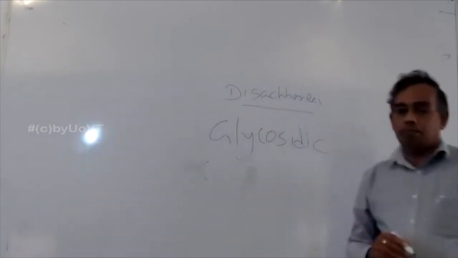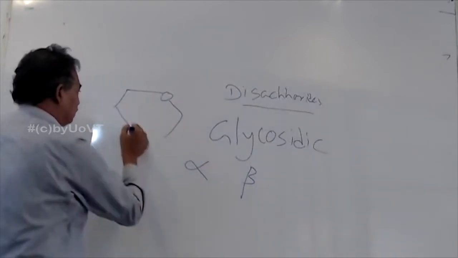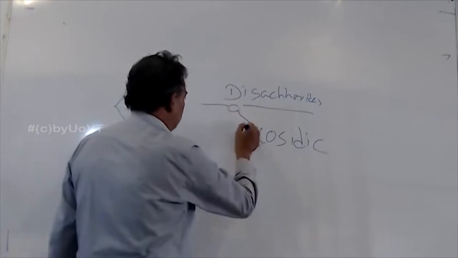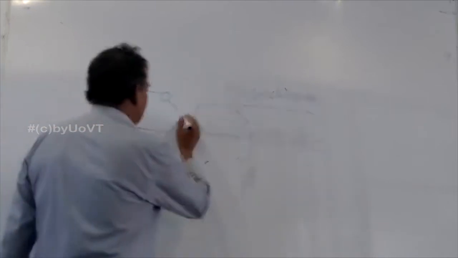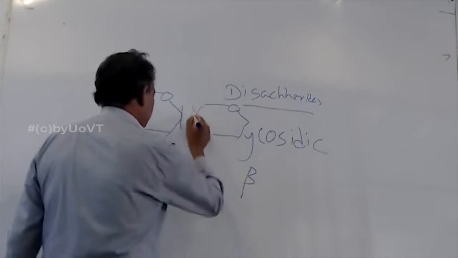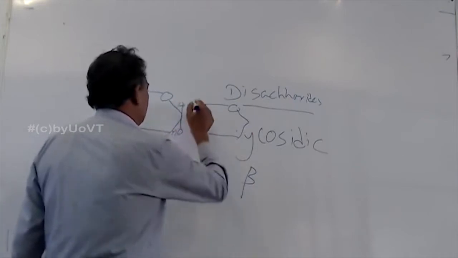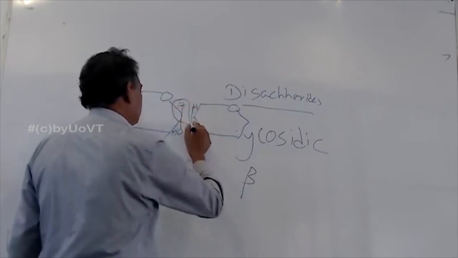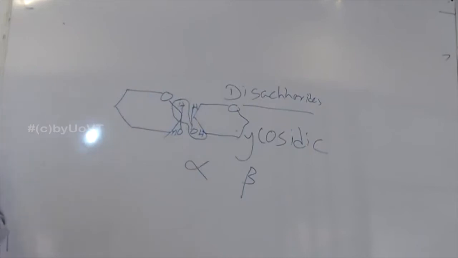That means if we take a monosaccharide like this, and the other monosaccharide like this, and these two join together like this, with H, OH, OH, what will happen?